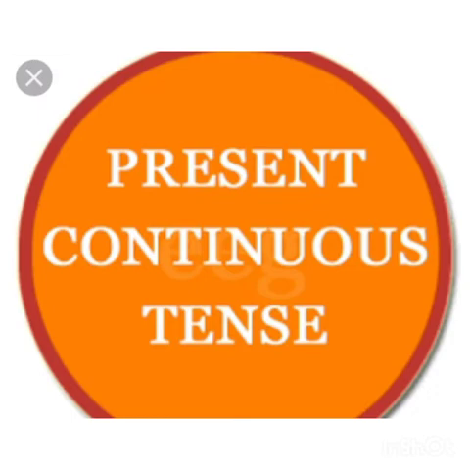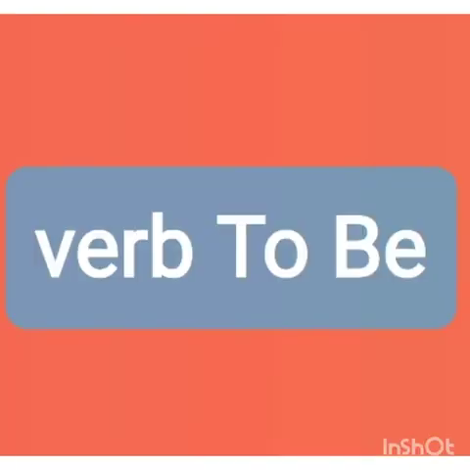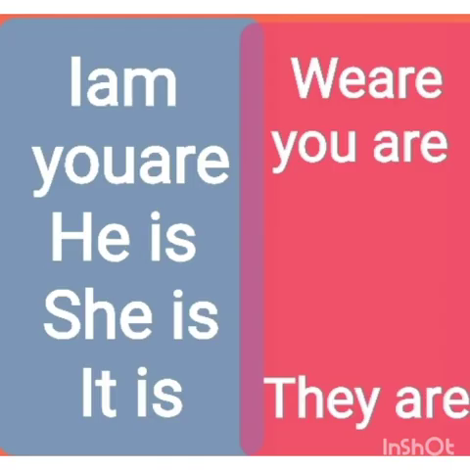To write a verb in the present continuous tense, first and foremost, we must know the simple present tense of the verb to be. Simple present tense of the verb to be: I am, you are, he is, she is, it is, we are, you are, they are.